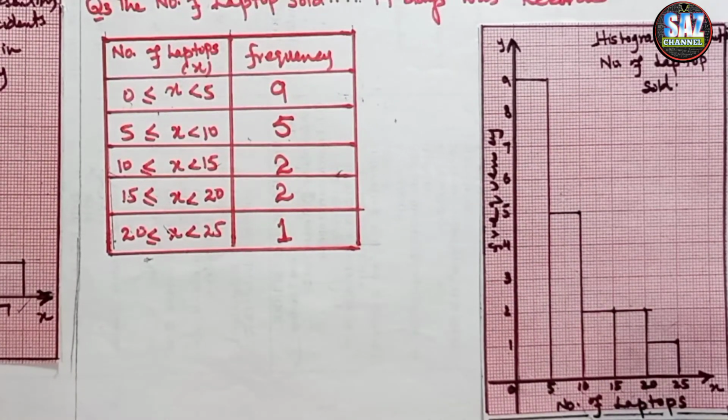And let's move to the next part: on how many days was the number of laptops sold more than or equal to 15. We have to find how many days the number of laptops sold was more than or equal to 15.